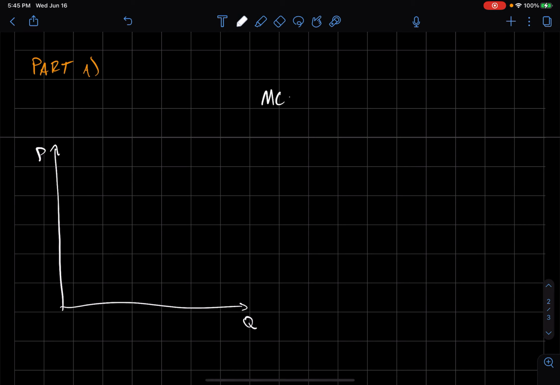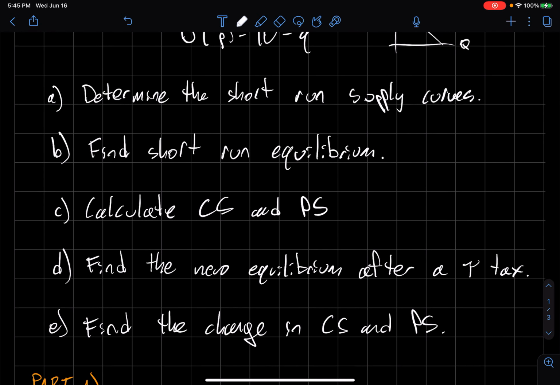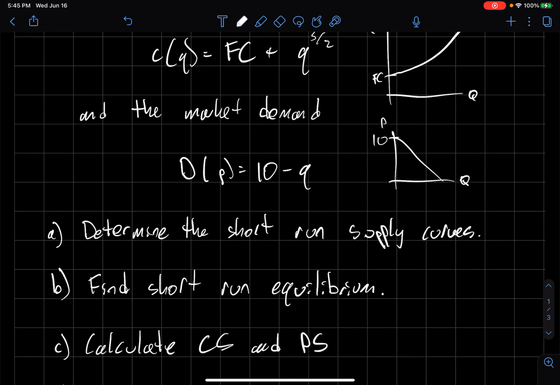So MC is equal to the first derivative of the cost curve with respect to Q. So fixed cost drops out, and all we're left with is the derivative of the second element of the cost curve.